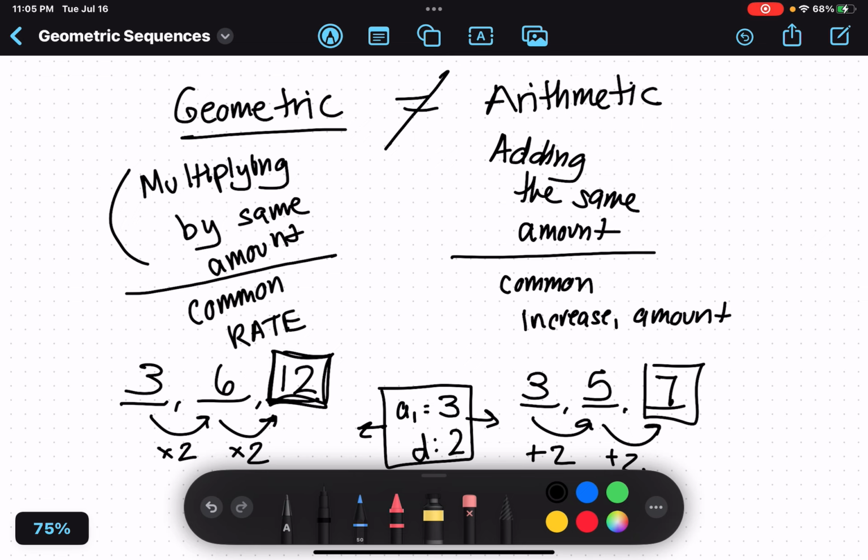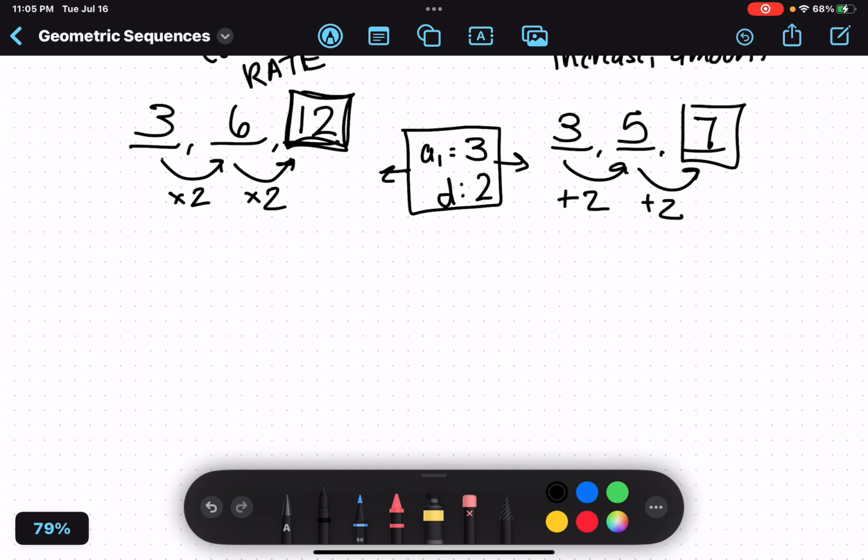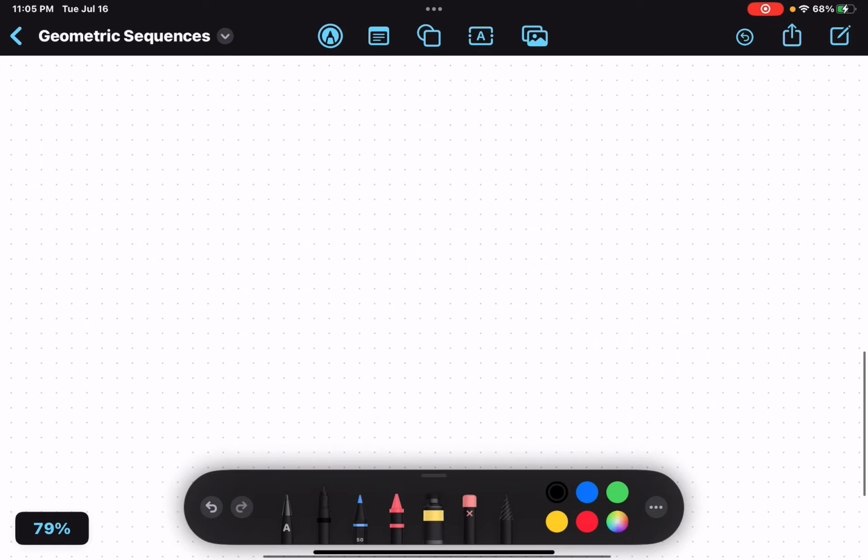Now, more on geometric sequences. Now that we know basically the super basics of it, let's just put down a definition.